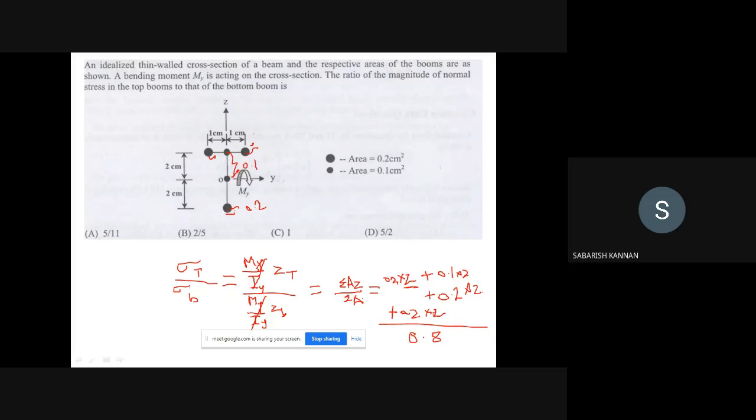So this is our z bar, that is the centroid. Add and multiply 0.2 into 2 and 0.2 into 1, then add this value divided by 0.8. You get the value 0.75.